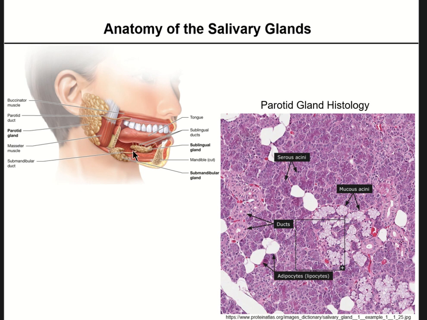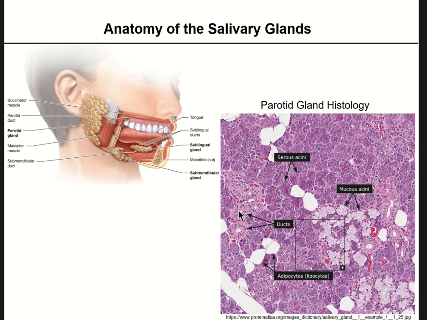And our salivary glands are composed of different ratios of serous to mucus cells, so they differ slightly in that way. In some upper level classes, you may be expected to know that based on the histology slide, but for this one, you just need to know which cells are which.